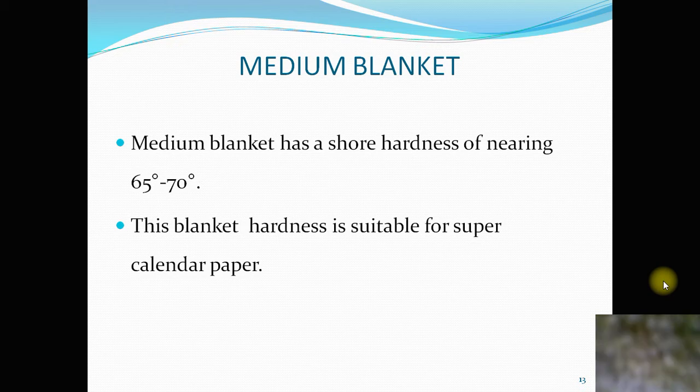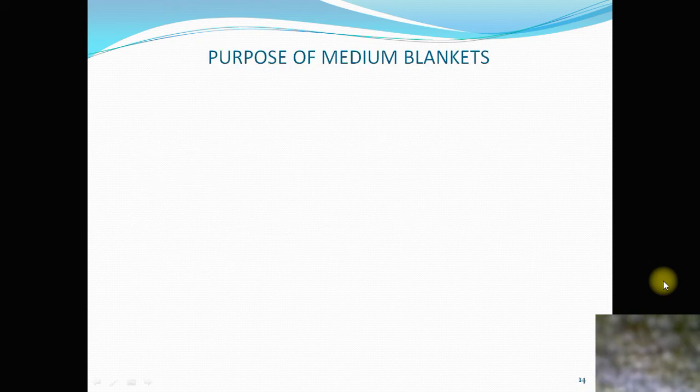When we discussed selection of blankets, one of the criteria to select a blanket is the substrate, the type of substrate. Here, on the basis of the type of the substrate, we divided blankets into these five categories. If we are going to print on a super calendar paper, the medium blanket must be selected. The shore hardness of this blanket is 65 degrees to 75 degrees.